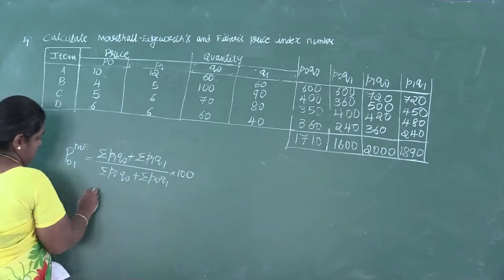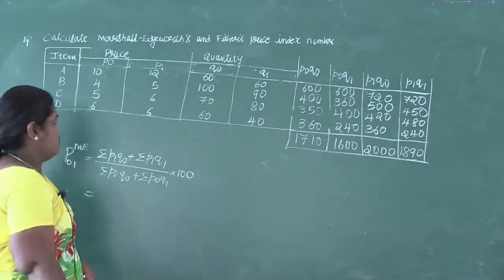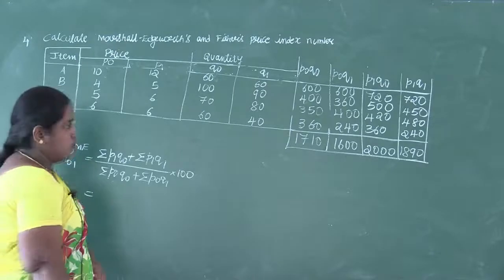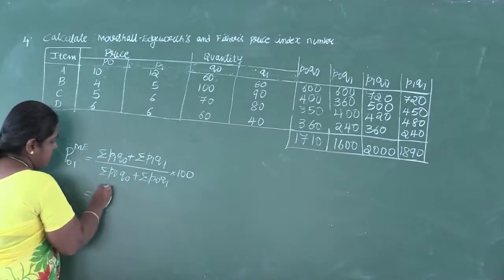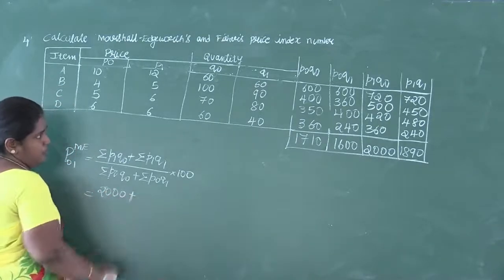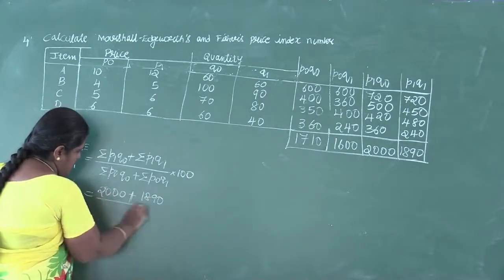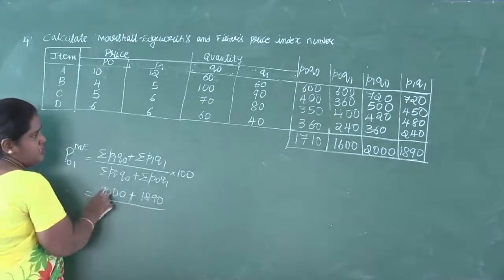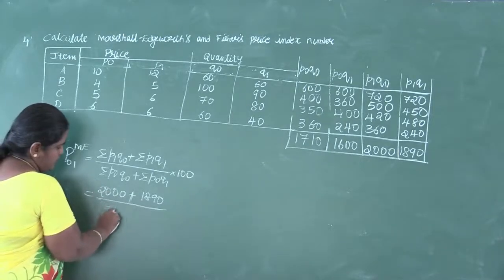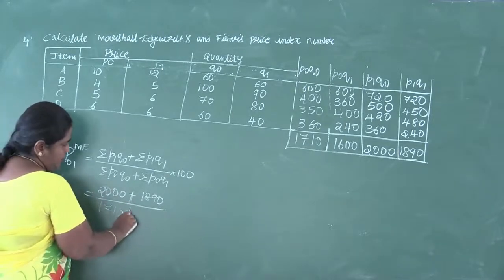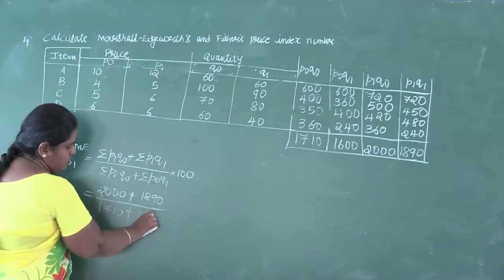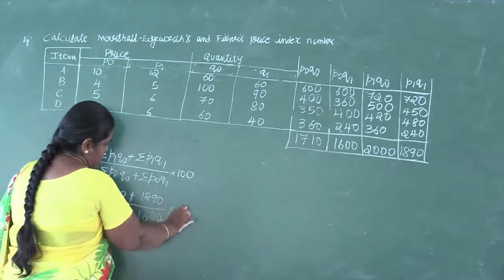So now substitute with the numbers. So P1 Q0 is 2000 and P1 Q1 is 1890, divided by P0 Q0 is 1710 plus P0 Q1 is 1600, into 100.